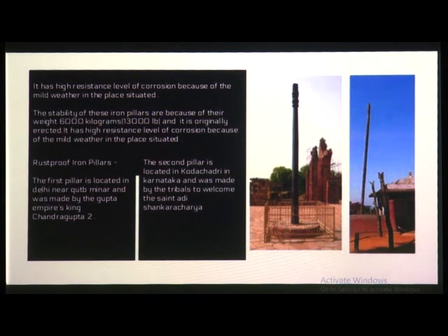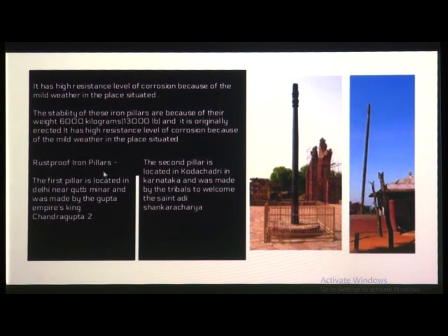The stability of these iron pillars is because of their weight, 6,000 kilograms, and they were originally erected here.